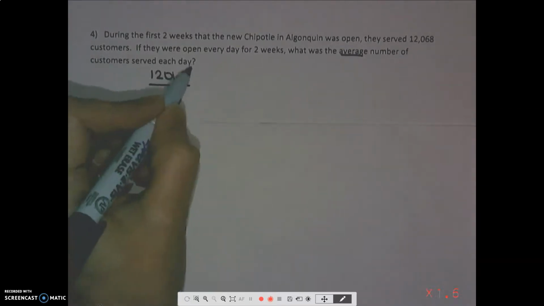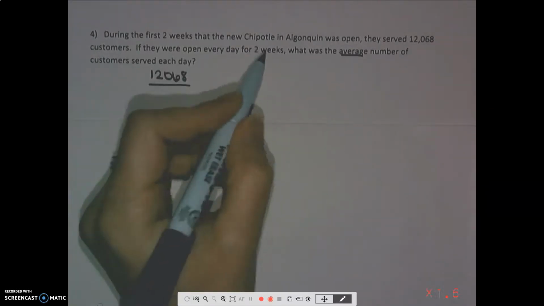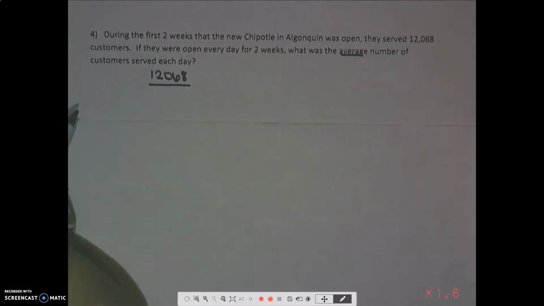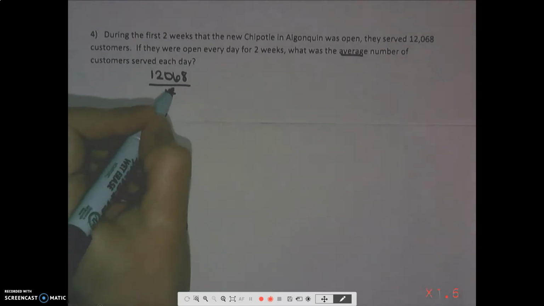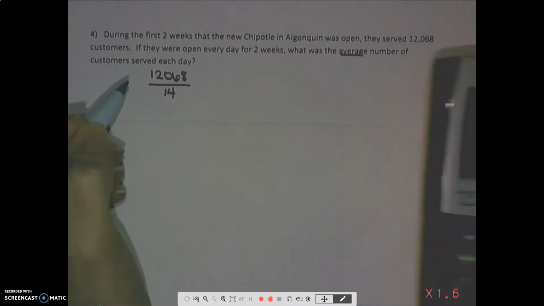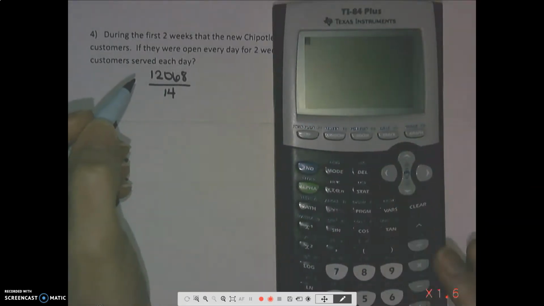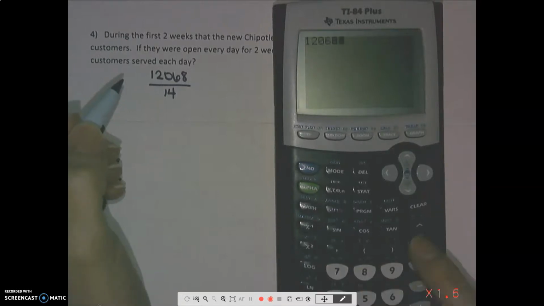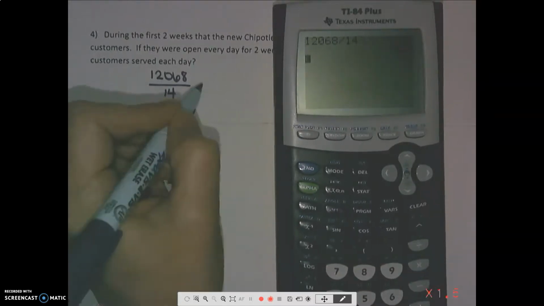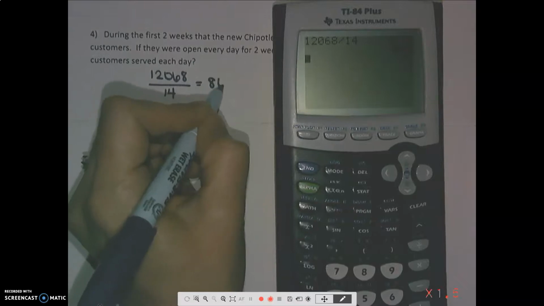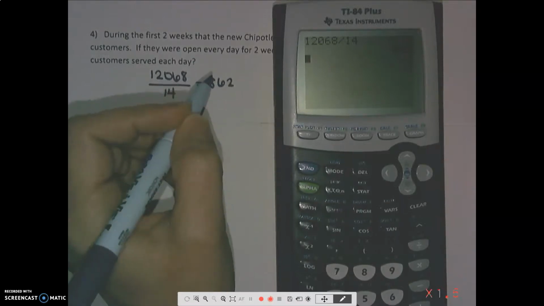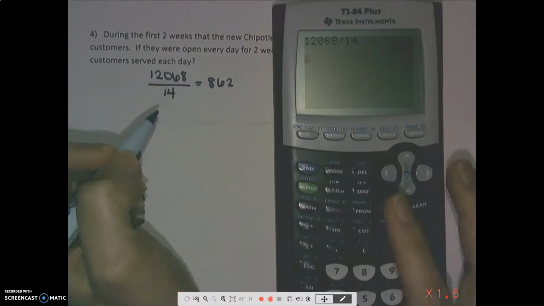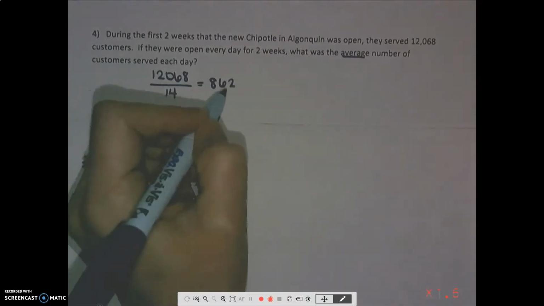But it says that it wants to know each day. If they were open for 2 weeks, how many days are in 2 weeks? Well, in 1 week, there are 7, so that means that we would be dividing this by 14. So if we take this and divide, this gives us 862 customers, or yeah, it said customers. Okay.